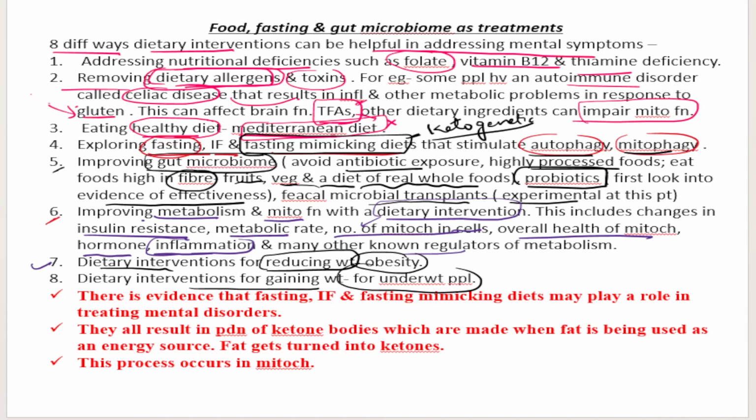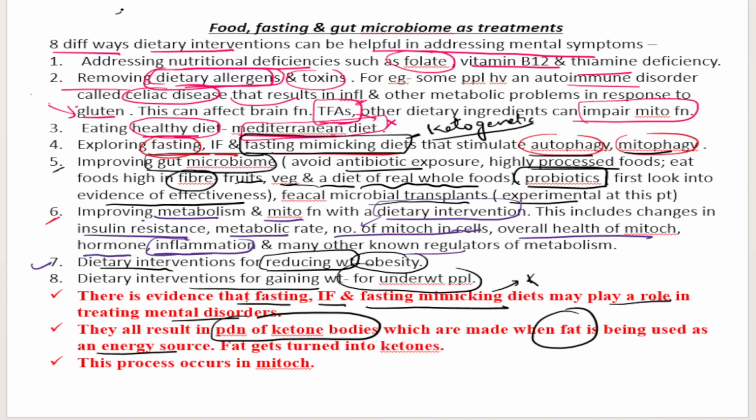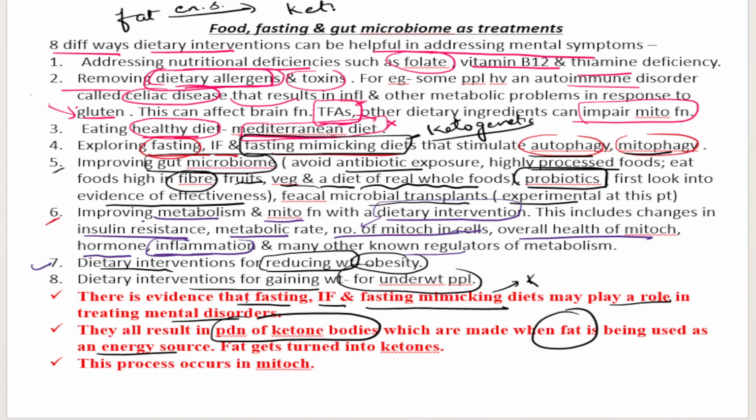Now next, there is evidence that fasting, intermittent fasting and fasting mimicking diets like the ketogenic diet may play a role in treating mental disorders because they result in the production of ketone bodies, which are made when fat is being used as an energy source. When fat is being used as an energy source, it leads to production of ketone bodies.